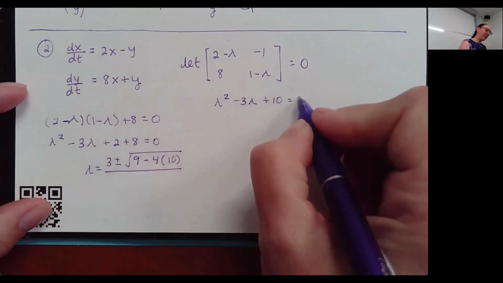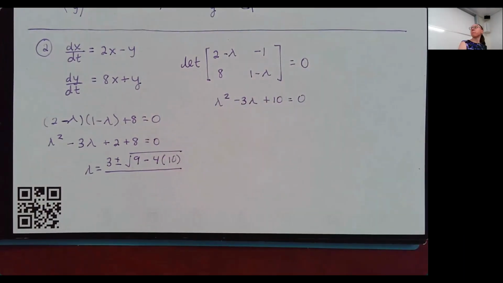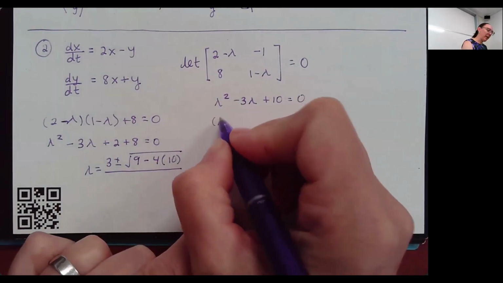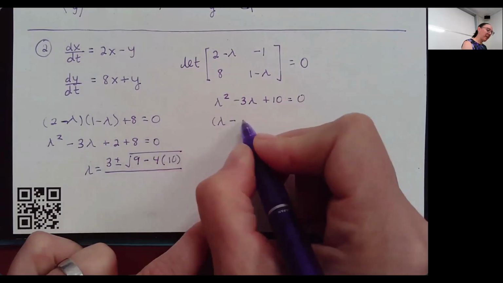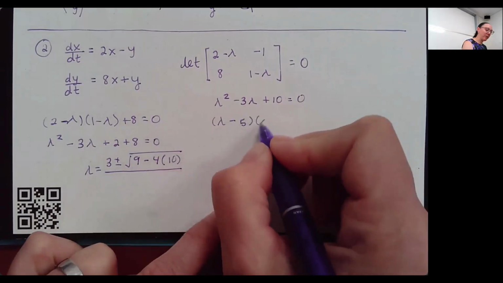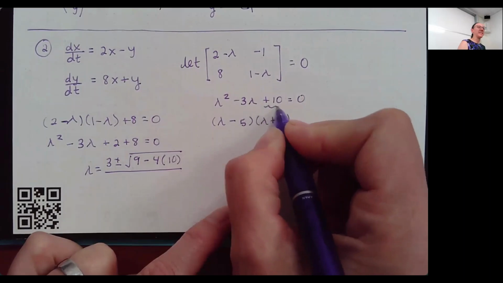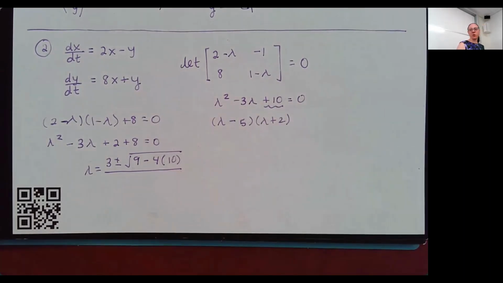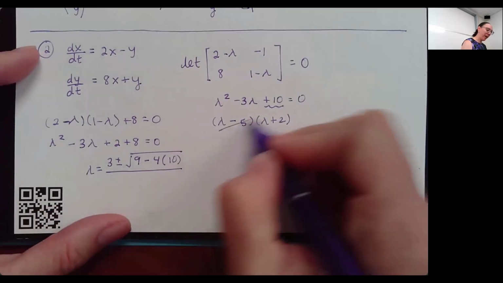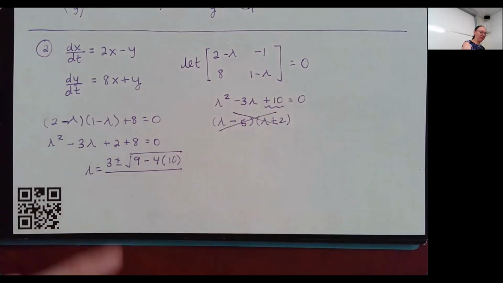If I were to do lambda minus 5 times lambda plus 2, I won't get a positive 10. So this doesn't factor, so I had to use the quadratic formula.